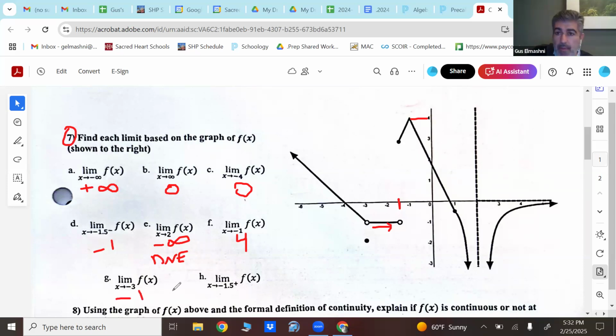And then negative 1.5 from the right side, what's that going to be? What's y approaching if I'm getting closer to negative 1.5 from the right side? Around 2.9. I'll say 3. I think 3 is fair. Okay, all right, cool.